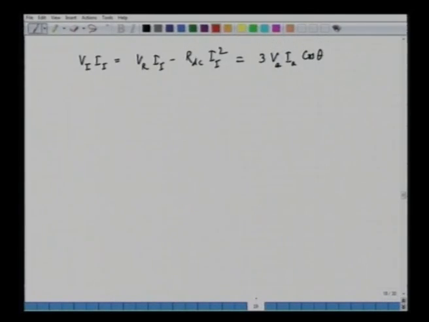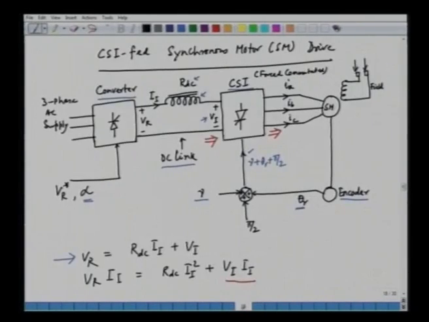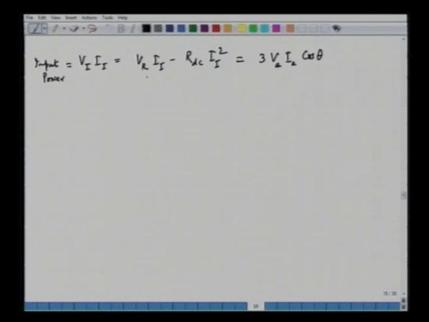Now we can see here that this VI II is the input power, that is equal to this equation. We can manipulate it a little bit. We can take out this VI II, and then if we simplify, we will have VR into II minus RDC II square.